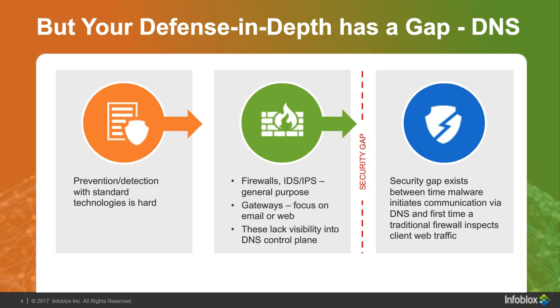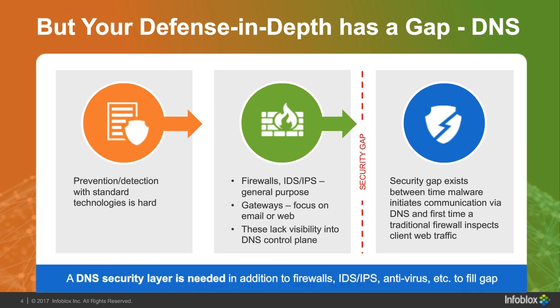But once the perimeter has been breached, they cannot detect those malware infections early enough as a DNS layer solution can. So DNS is a gap, and it's one of those underprotected assets in many organizations, and we're going to see in a little bit how attackers are taking advantage of this gap.